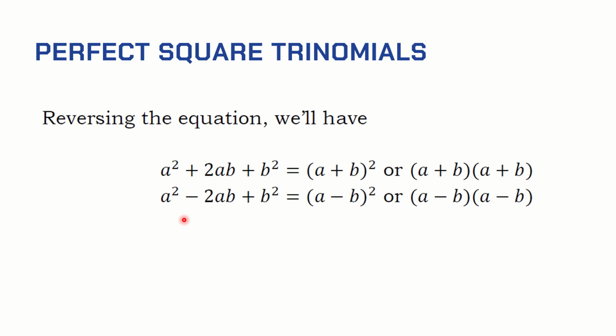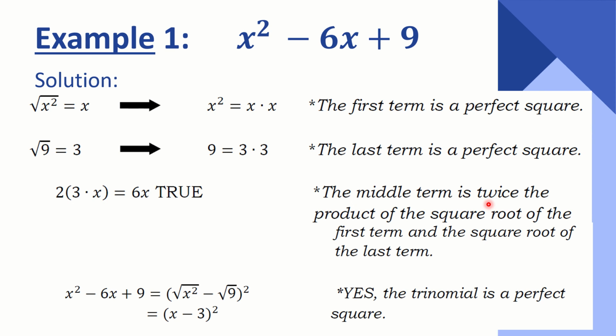Or, atong i-expand, iyahang form. So, kapag ani pod, a squared minus 2ab plus b squared, ang iyahang factor form is a minus b squared or a minus b times a minus b. So, now, let's have an example para mas masabtan na to.